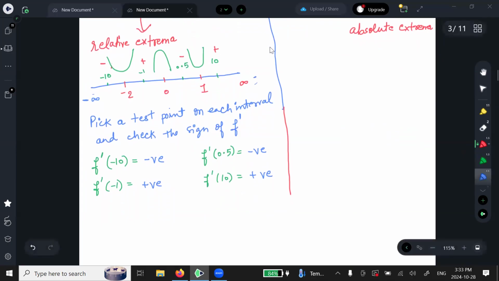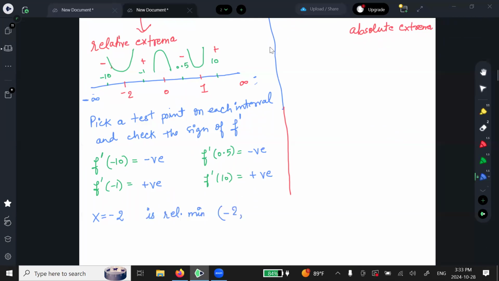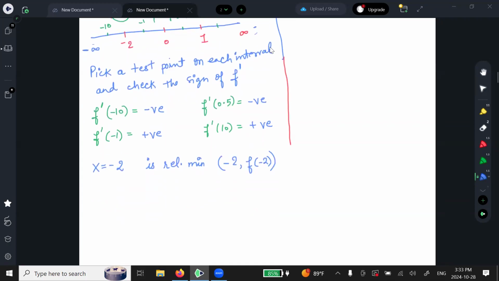So what about my x equals -2? Is that a minimum or a maximum? It is a relative min. What is the function value at -2? Well, plug it into your function. What do you get? What about x equals 0?